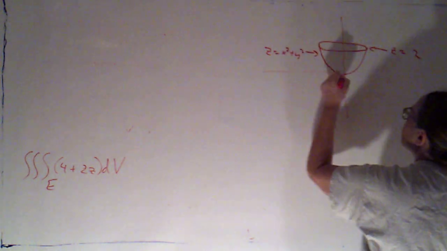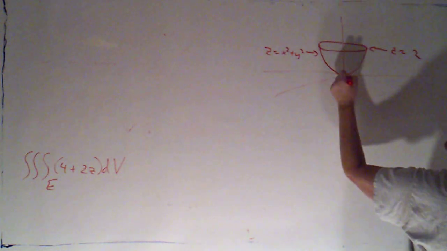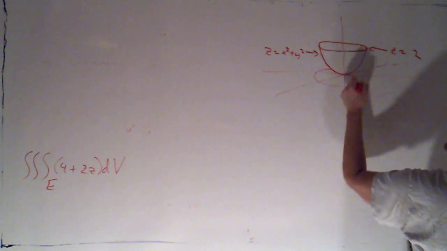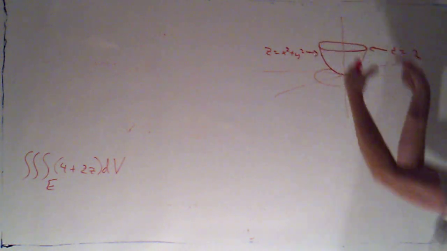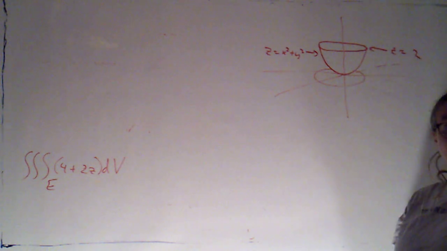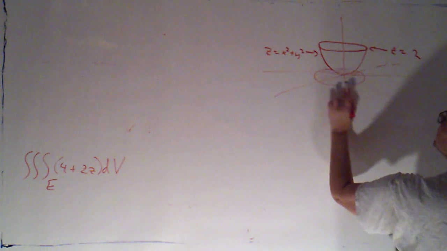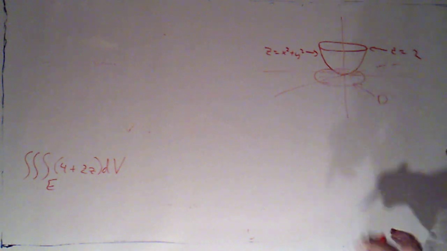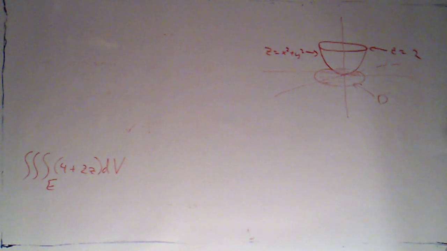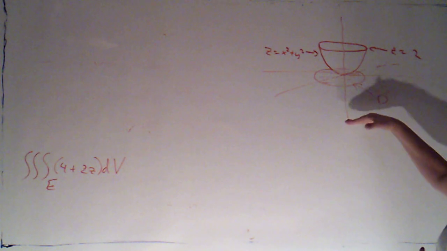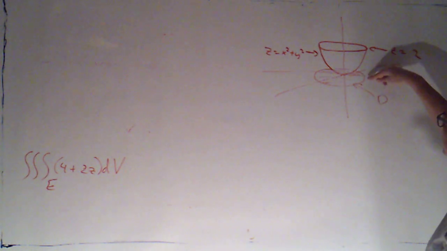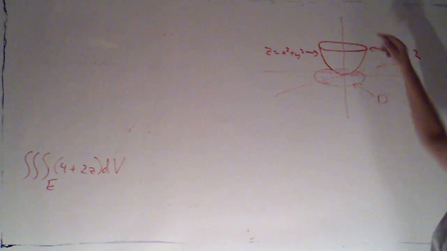If I project this onto the xy plane, I'm just going to get a disk. I'm basically dropping that circle where the paraboloid meets the plane z equals 2 onto the xy plane and filling that in. That's going to be the region D over which we're going to be integrating in the xy plane, and then we'll be integrating from bottom to top.